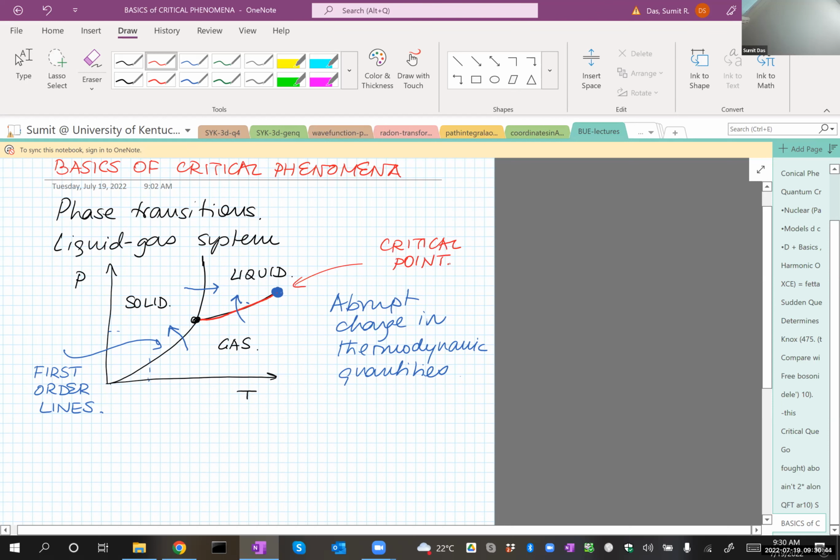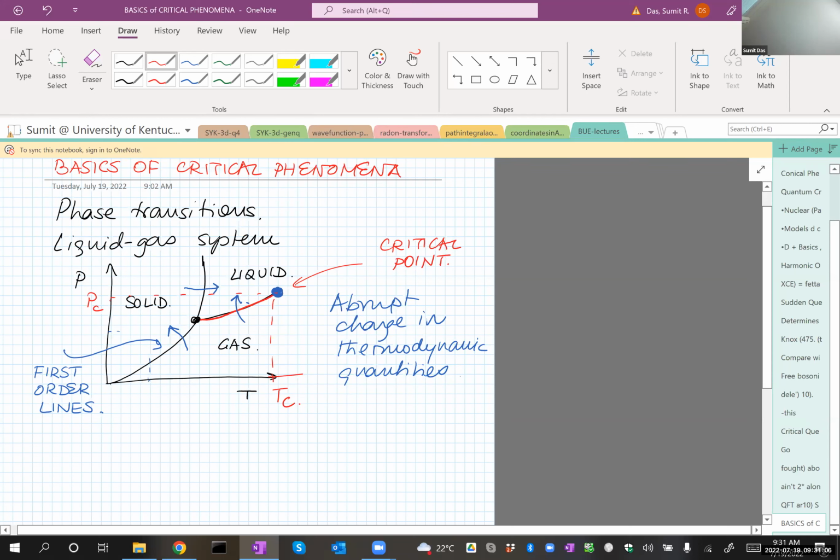At the critical point, you cannot say whether the system is a liquid or a gas. And in fact, if you take a sample and heat it up to this critical temperature, this is the critical temperature Tc, and this is the critical pressure Pc, and apply a critical pressure, there is something which is called critical opalescence.